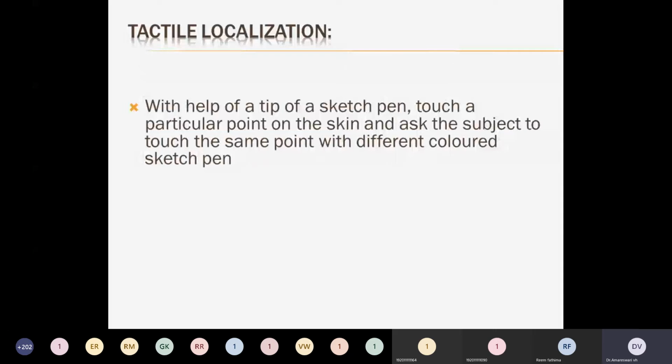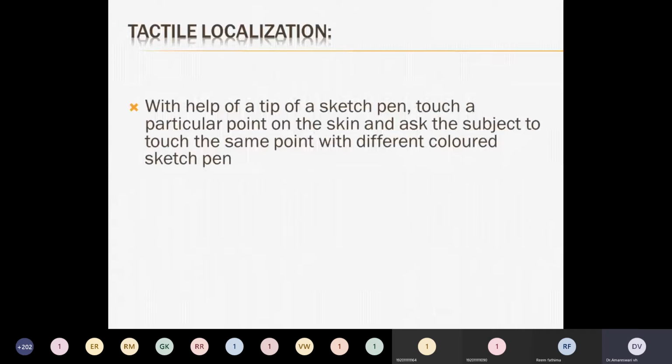What do I mean by this? You give the subject one sketch pen of a different color and you take one sketch pen. With the tip of the sketch pen, touch one particular area. Ask him to close his eyes, and he has to touch the same area where you have given the stimulus.